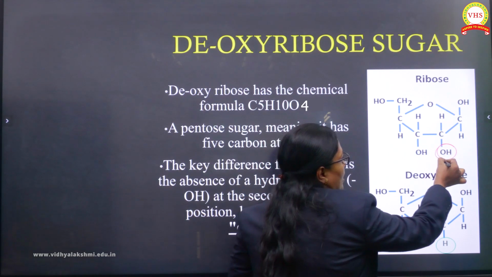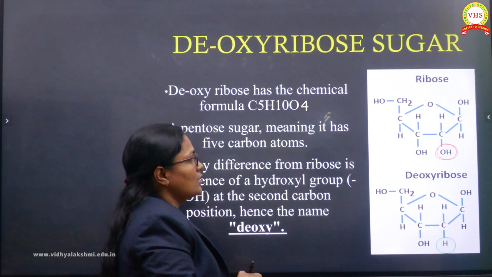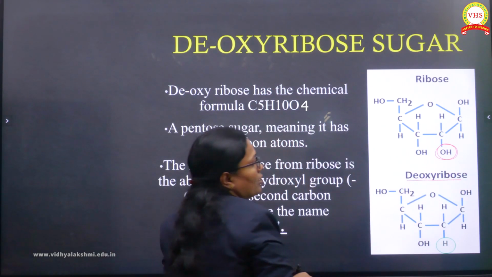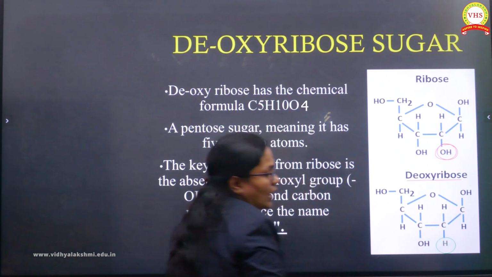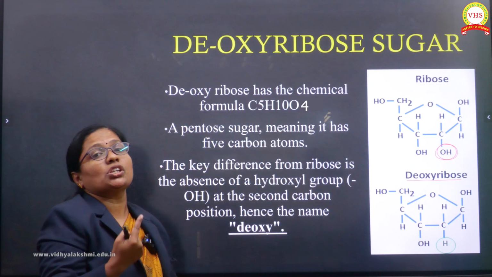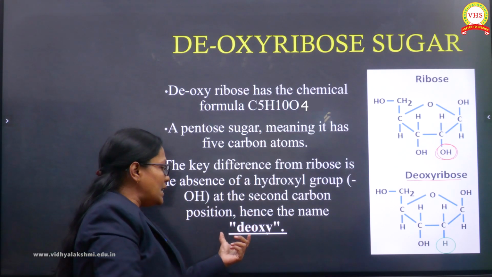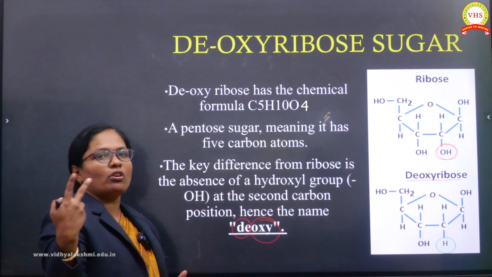It has an OH hydroxyl group in ribose, whereas deoxyribose sugar does not contain one oxygen in the hydroxyl group. That is, the oxygen is removed. Once the oxygen is removed, we use the term deoxy. Deoxy means removal of oxygen.